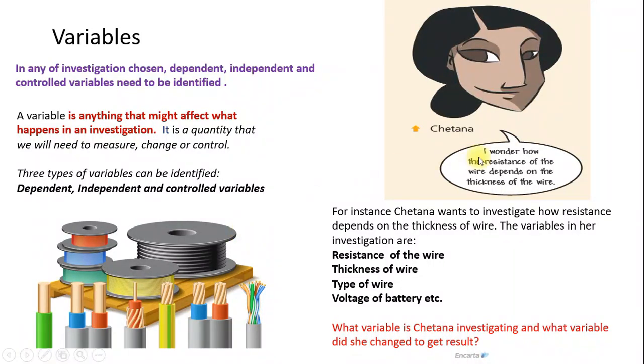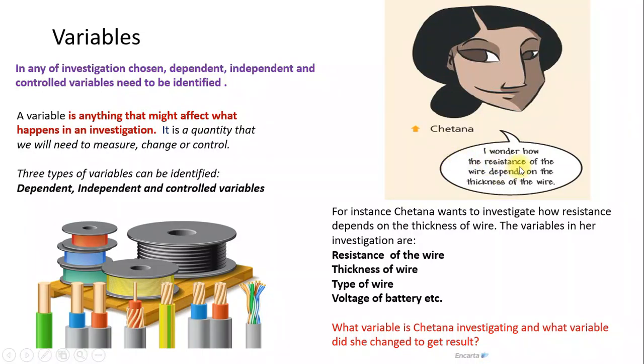Let's take Chitana's question, for instance. I wonder how the resistance of a wire depends on the thickness of a wire. We can identify 2 variables here: the resistance of the wire and the thickness of the wire. One of the variables is the main variable we need to observe, which we call the dependent variable. Okay?